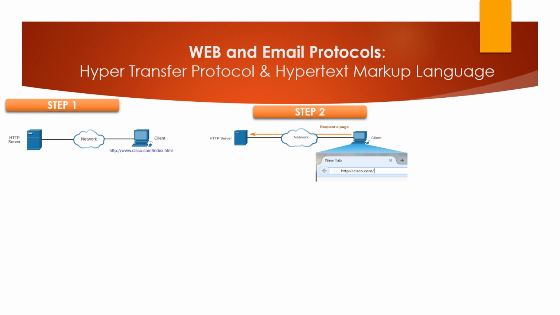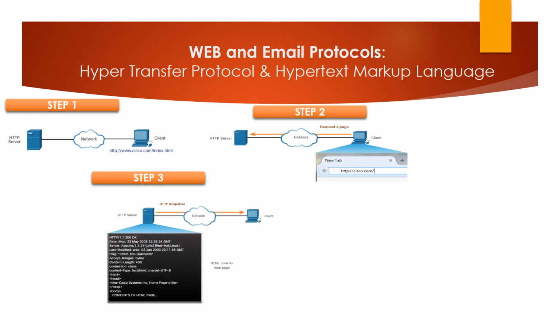The client initiates an HTTP request to the server by sending a GET request and asking for the index.html file. Then at step 3, there is a response to the request, where the server sends the HTML code for this web page to the browser.